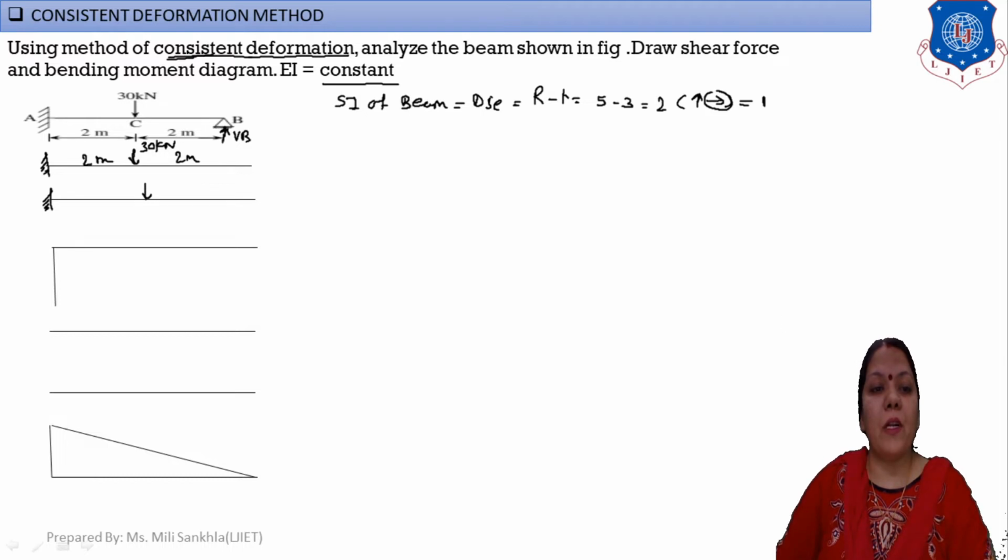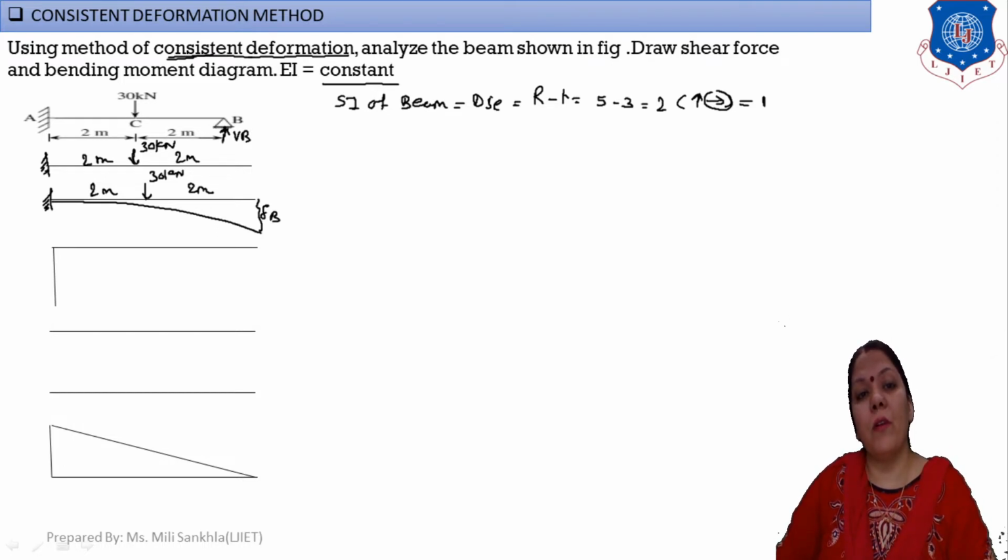This distance is 2 meter and this distance is 2 meter. If we remove this support, our cantilever beam deflects this way, and this is the point deflection delta B, because we removed the hinge support. At that point we release the redundant, the extra unknown force.